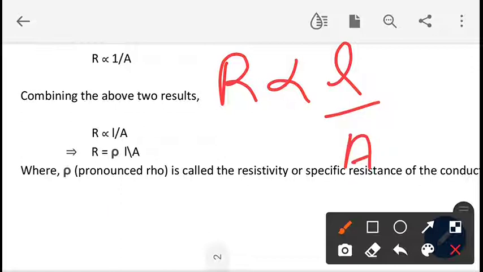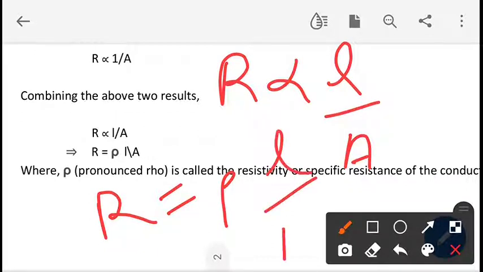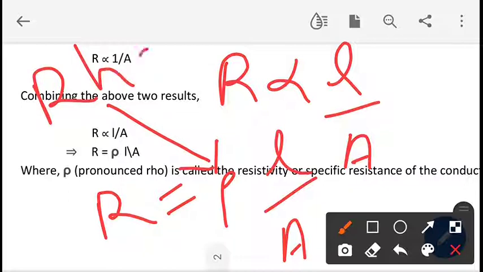And as you know, when the proportionality sign is removed, a constant comes into the picture, and this constant we call rho. It is pronounced rho, and it is called the resistivity of the conductor.